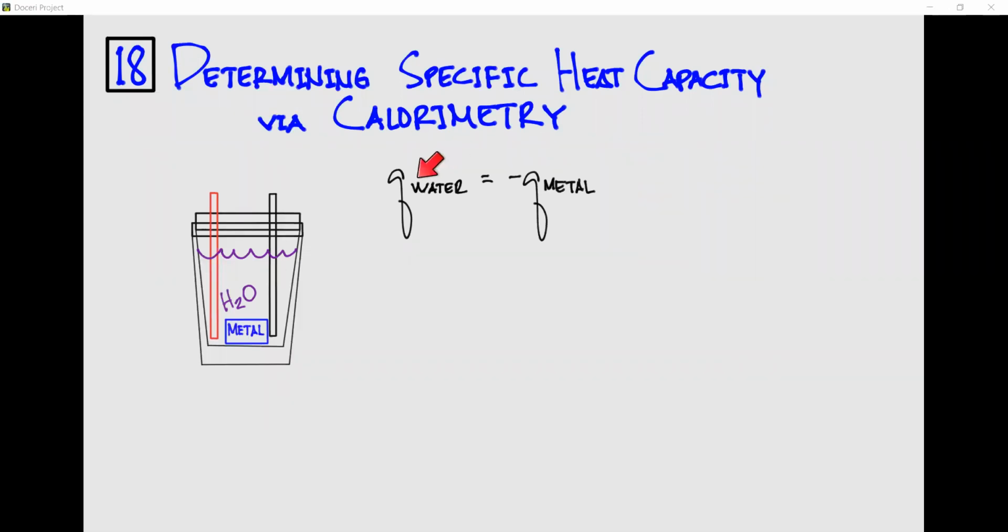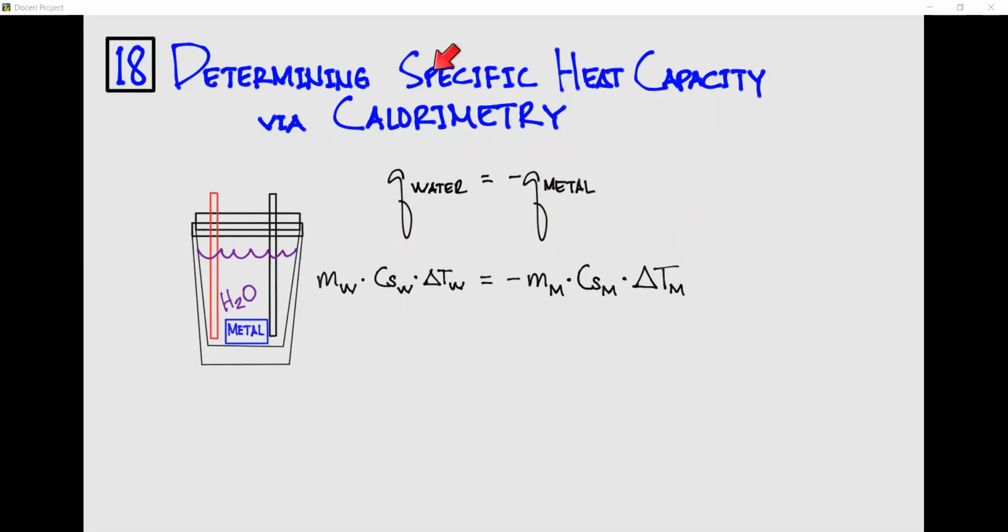So Q water is equal to the mass of the water times the specific heat capacity of the water times the change in temperature of the water. Likewise, Q metal here is equal to the mass of the metal times the specific heat capacity of the metal times the change in temperature of the metal.